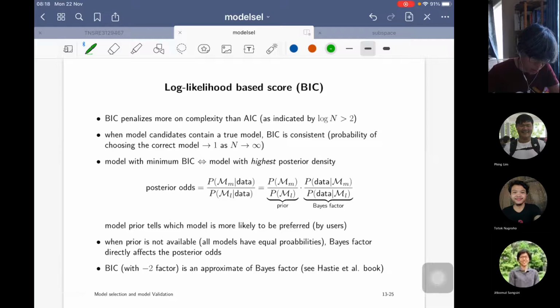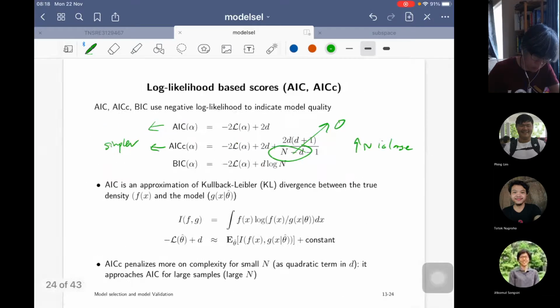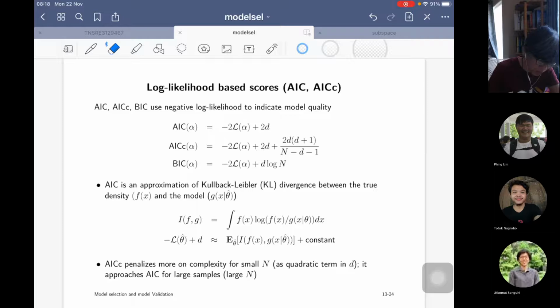And the last one in this category is the Bayesian information criterion, or BIC. Compare BIC and AIC. As I pointed out, the constant that multiplies d for AIC is 2, and for BIC it is log n. Of course, the higher the coefficient that multiplies d, the more penalty you put on the model complexity.